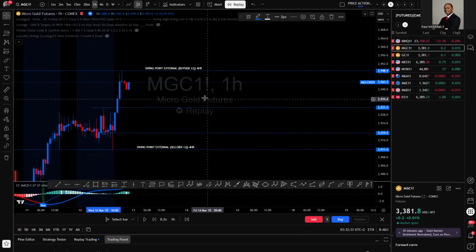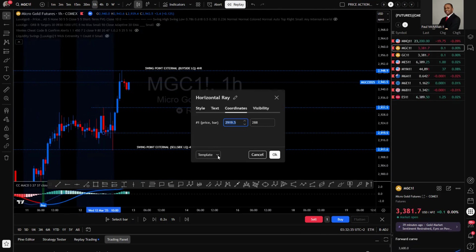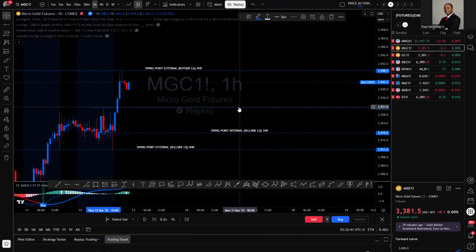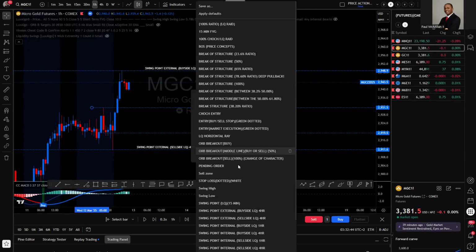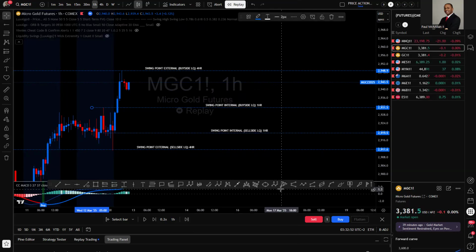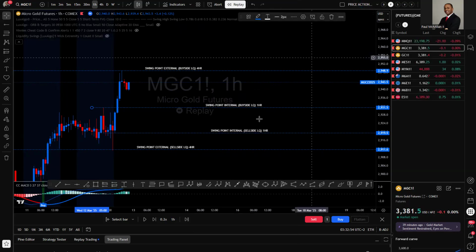All right. So this is the internal liquidity on the sell side, and then this is buy side liquidity on the internal side. So that's what we're looking at the moment.